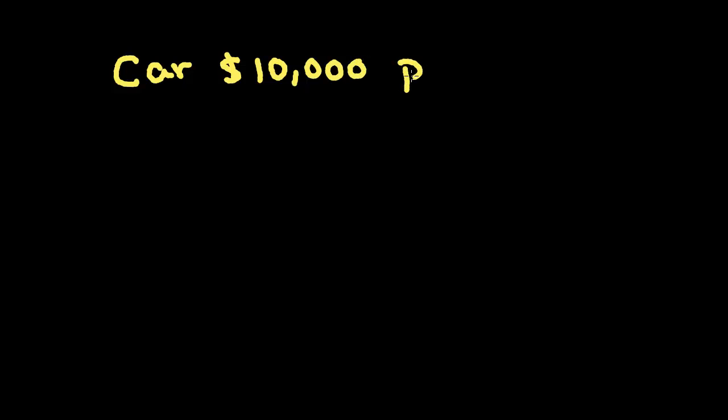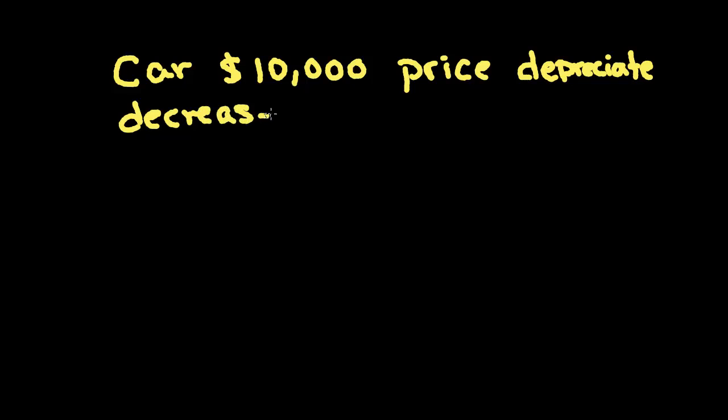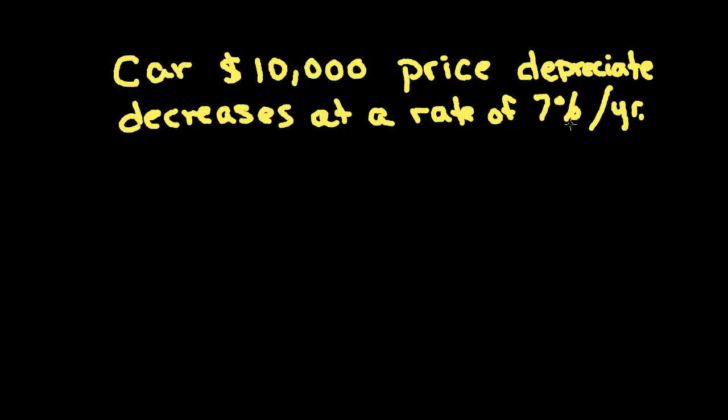Because most cars depreciate in price over time, this particular car depreciates, or decreases, at a rate of 7% per year. So the question becomes, what will the cost be after 10 years? What will be the value of the car after 10 years?